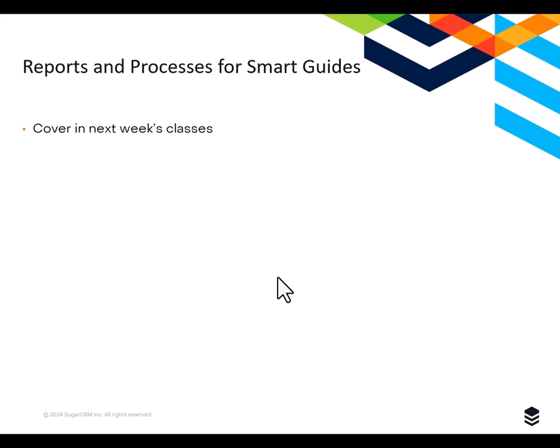So the report section will be on Thursday of next week, and we'll cover that particular section then. I want to show you first how to create reports, and then specifically we'll talk about creating reports on Smart Guides, because that's another level up to create a specific report for a particular Smart Guide's stages or activities or whatever, right? To see how far people are going or what actual times are, things like that.